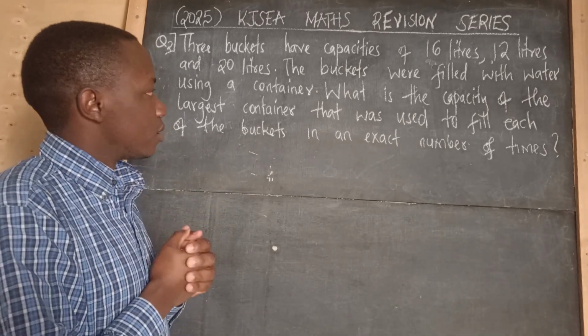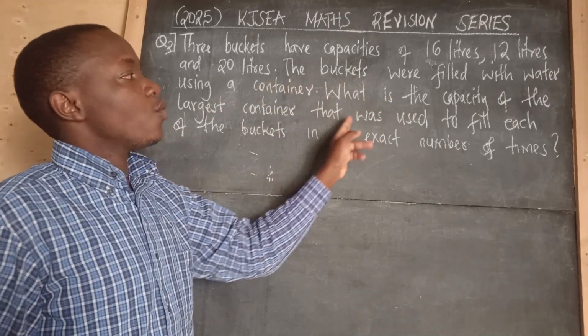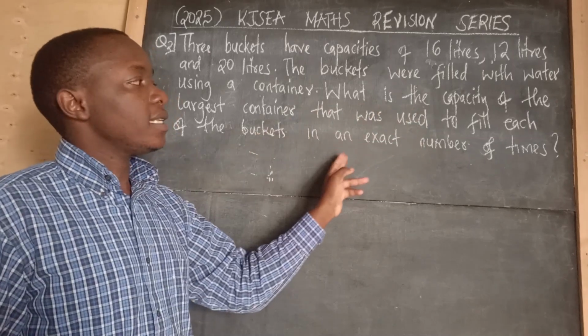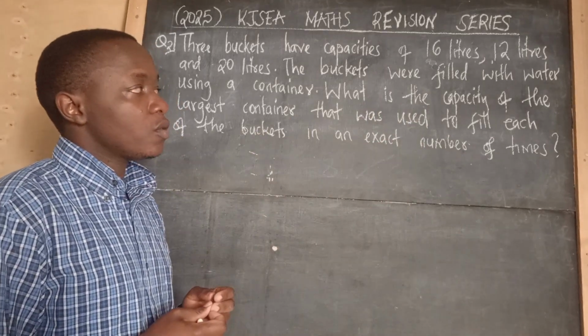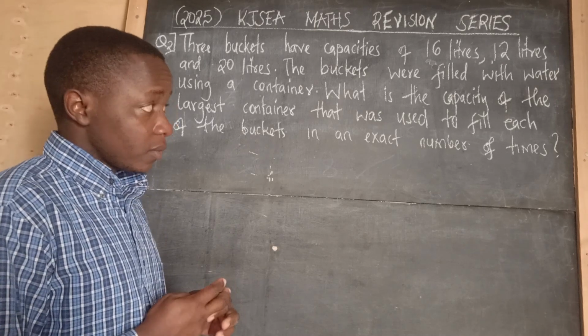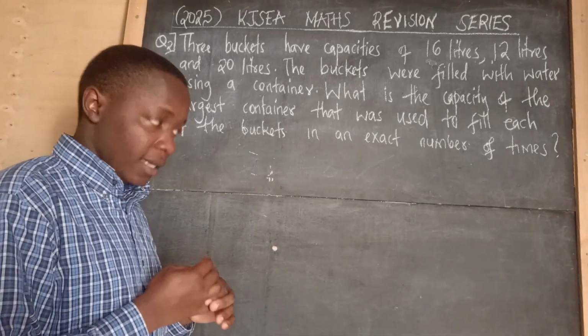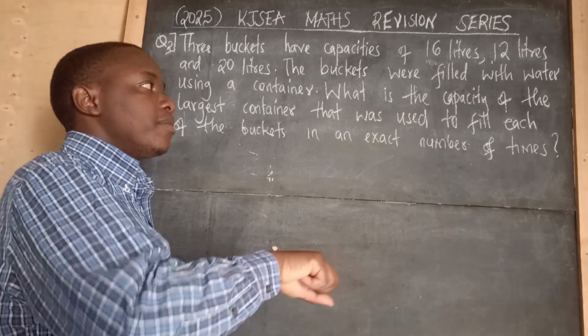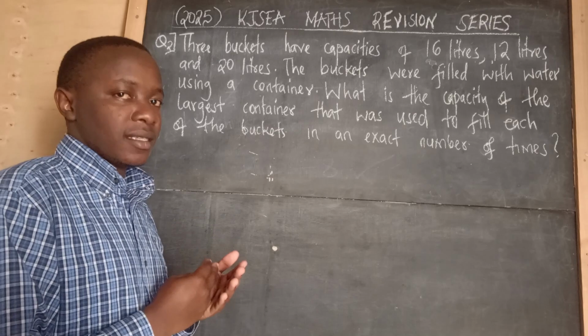Now our question is, what is the capacity of the largest container that was used to fill each of the buckets in an exact number of times? So what this question is saying is, we need a container that can fill these buckets in an exact number of times. We don't need any remainders.